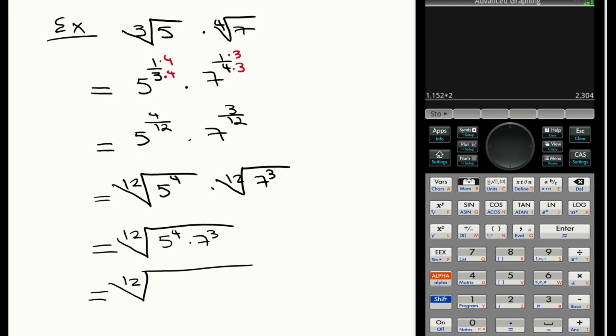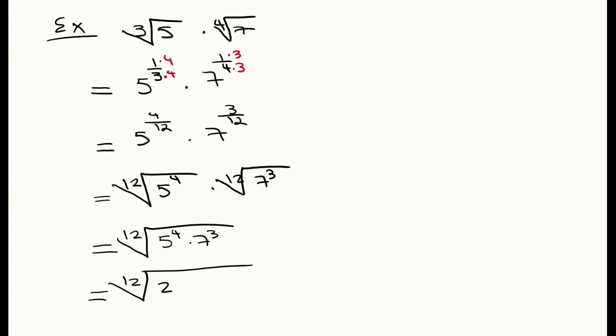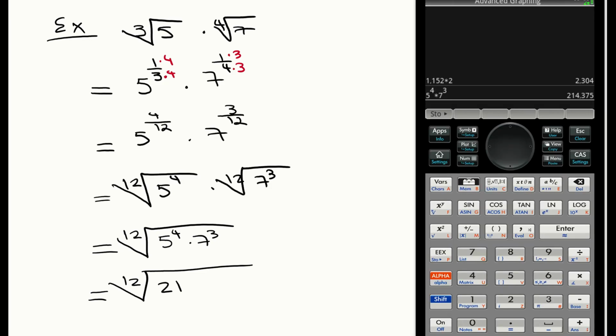And we multiply 5 to the power of 4 times 7 to the power of 3. And we end up with the 12th root of 214,375.